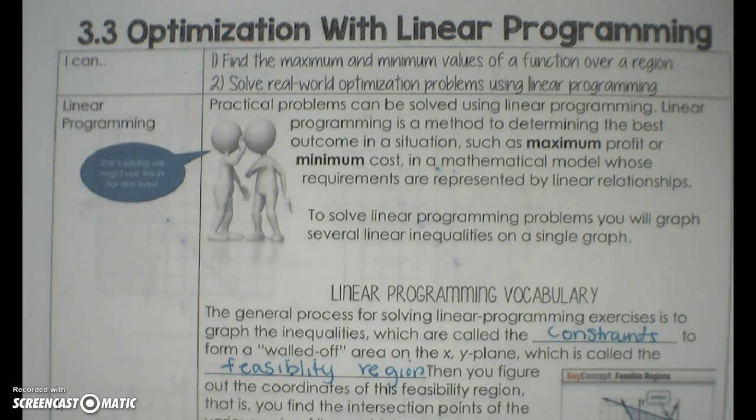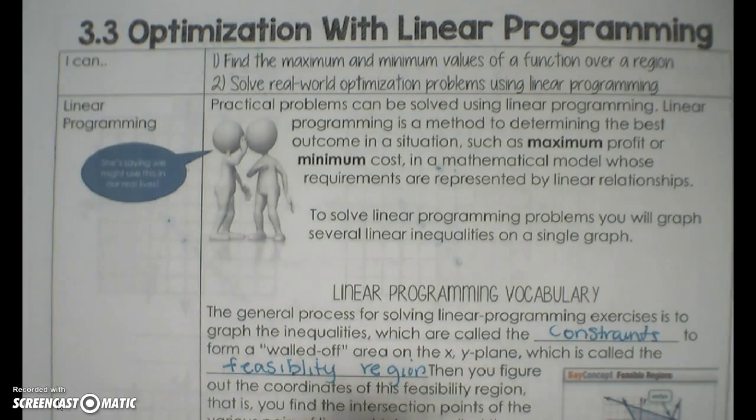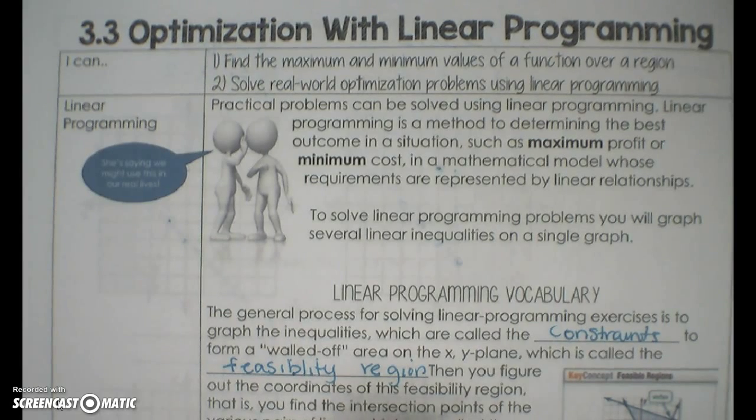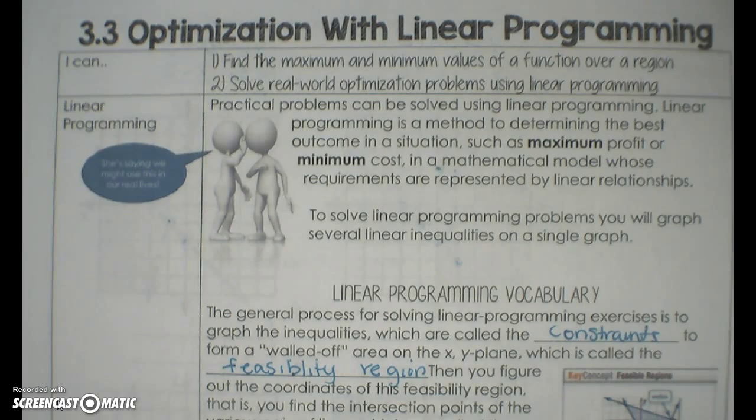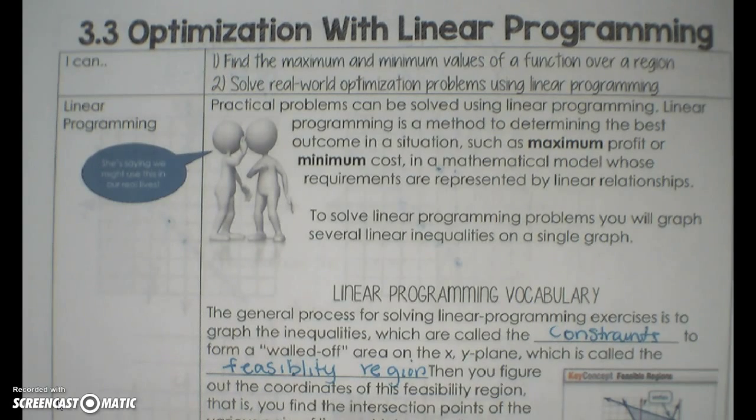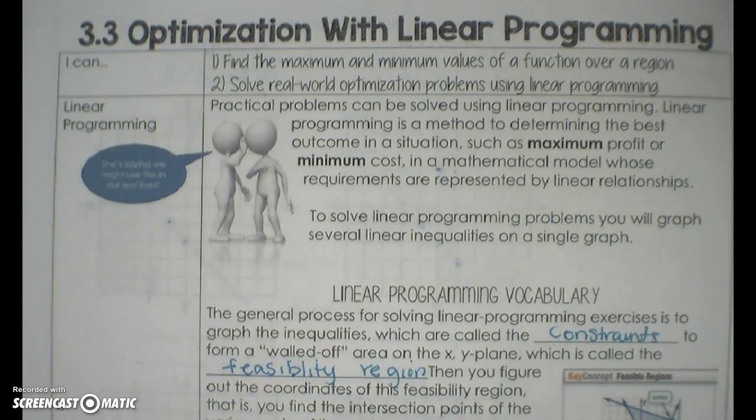That is, you find the intersection points of the various pairs of lines, which are called the vertices. Then you test these vertices by plugging their values into a given equation called the optimization equation, for which you're trying to find the maximum or minimum value possible.